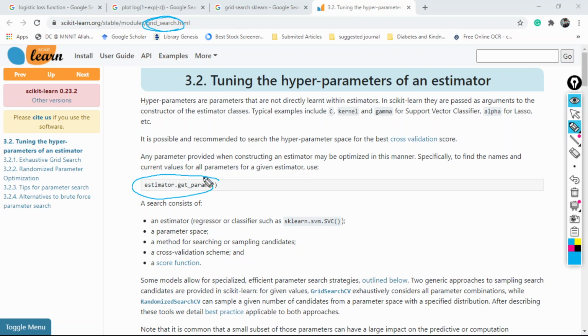In this there are two types of search technique: one is the grid search technique, and the other is the random search technique. Grid search is used only for finding lambda.